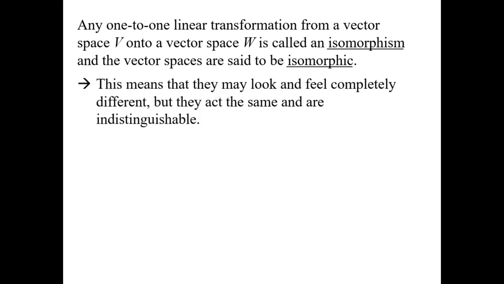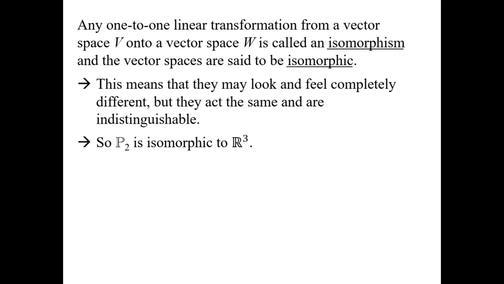If two vector spaces are isomorphic, what that means is that they may look and feel completely different, but they act the same and they are indistinguishable. In other words, if I'm working with one vector space and I'm not really sure what to do, if I can find another vector space that is isomorphic, then I can do all my work in that other vector space instead, and the results can be transferred back to the first one.